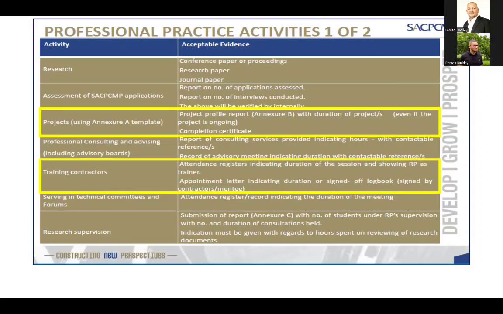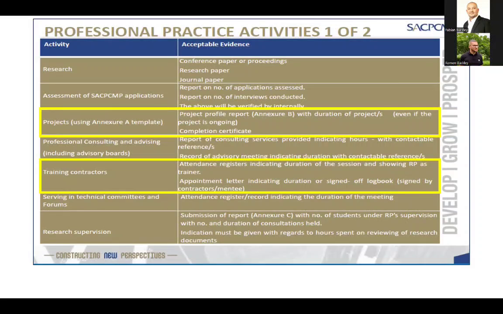When we're talking about training contractors, this is basically if you are a safety officer or safety manager and you've got contractors coming onto your project and you need to do induction training, you need to do, for example, orientation training, any training that you can indicate or highlight where you've trained specific contractors on your project, on your requirements, on your system, on how you want things to be executed on your project, then you will do attendance registers indicating the duration of the session and showing the registered person as trainer.